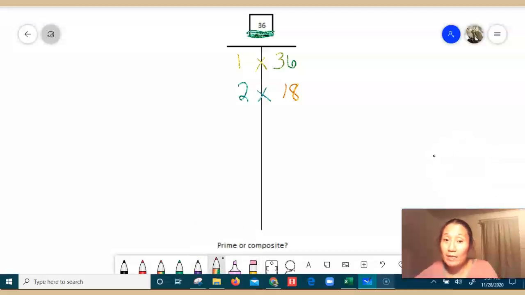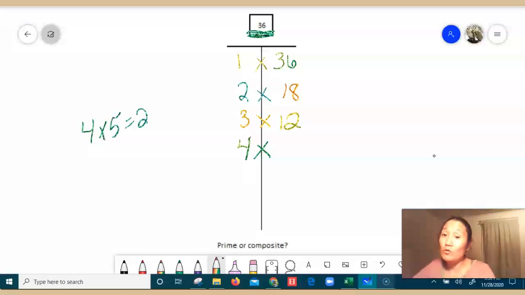How about 3? Does 3 times anything equal 36? Well, 3 times 10 is 30, and 3 times 2 is 6. So then I know that that'll be 12, okay? How about 4? Does 4 times anything equal 36? Let's think about that. Well, 4 times 5 equals 20. 4 times 7 equals 28.